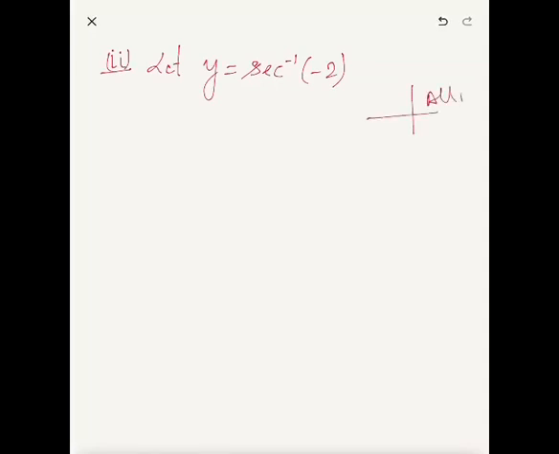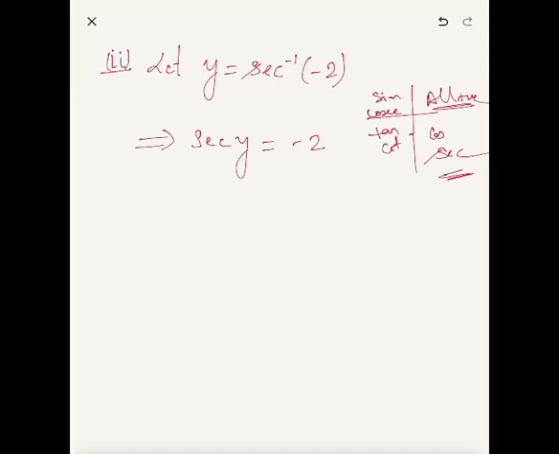Here all the trigonometric functions are positive, here sin and cosec, here tan and cot, here cos and sec. So when you write sec y, on the right side you will be left with minus 2. So what value of y? Means when you get sec equals minus 2.